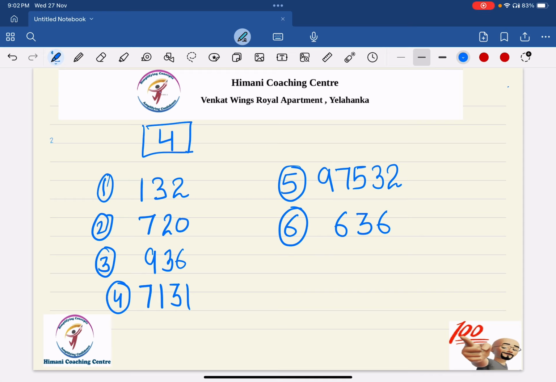So you can now pause the video and check whether these numbers are divisible by 4 or not divisible by 4. I will just add one more number in this list, which is 150.